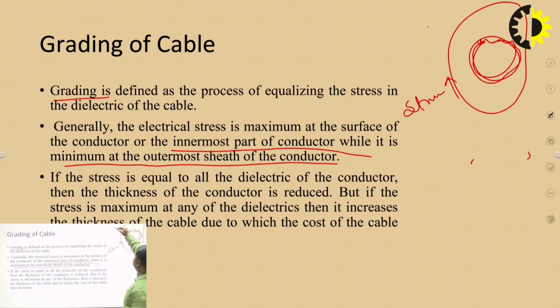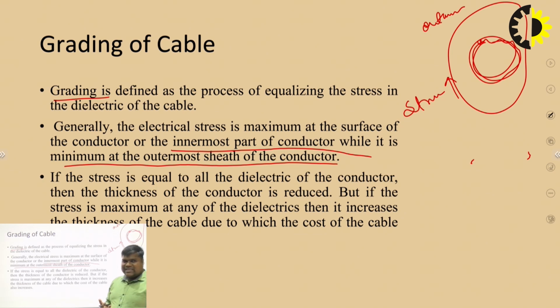This is the outermost sheet. As we move from the inner part to the outer side, the electric stress decreases. So the innermost part and the surface of the conductor have high stress.